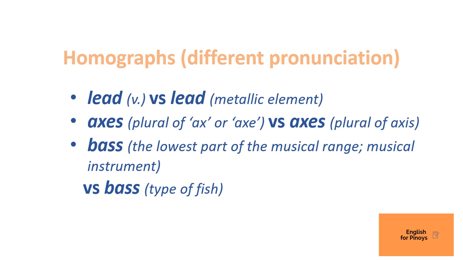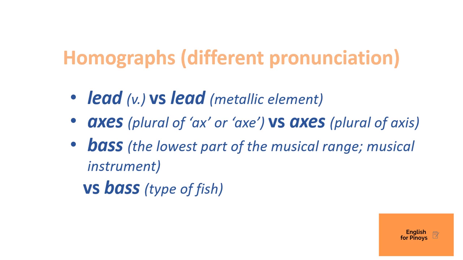The first pair is the word lead versus led. Okay, so you have lead as a verb, and then as a metallic element, it's a noun, it's pronounced as led. Okay, so that's lead versus led. So you notice same spelling, but exactly the same spelling, but different pronunciation and different meaning. Now you have axes.